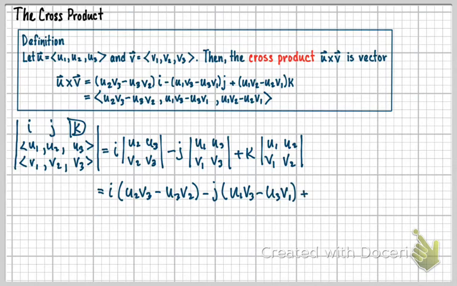And then plus my K, which is going to be U1 V2 minus U2 V1.